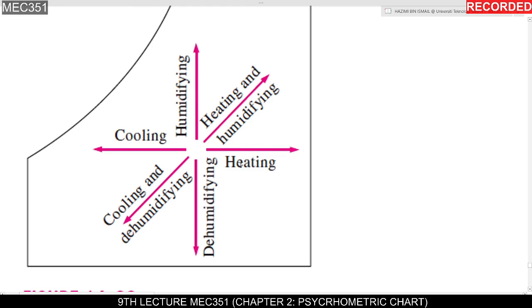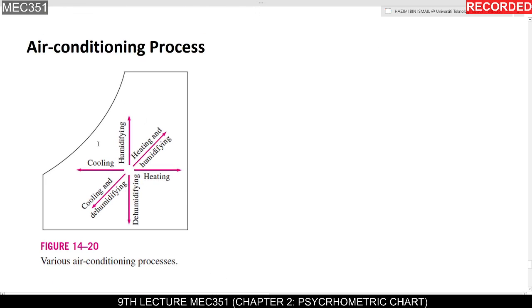So if we manipulate these processes, we can achieve our thermal comfort. That is what we call the air conditioning process.